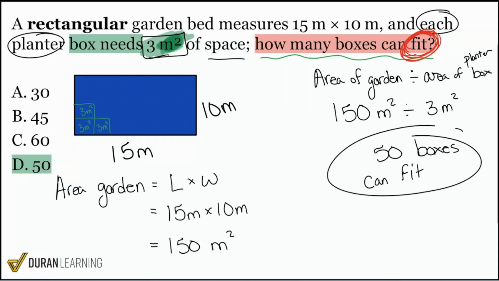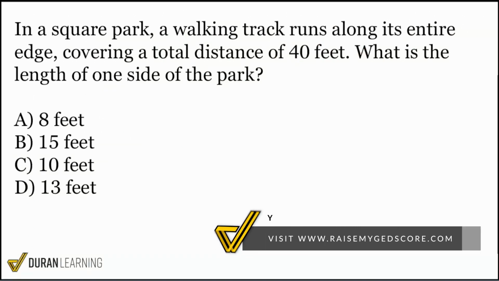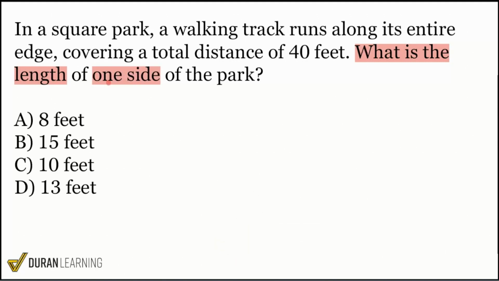All right, so with that, let's go ahead and get over to the next one as always. Another question, let's handle it with the same grace as always. So the question here reads, what is the length of one side of the park? All right, sounds good. So I instantly see that we want to know what the length of one side of the park is.